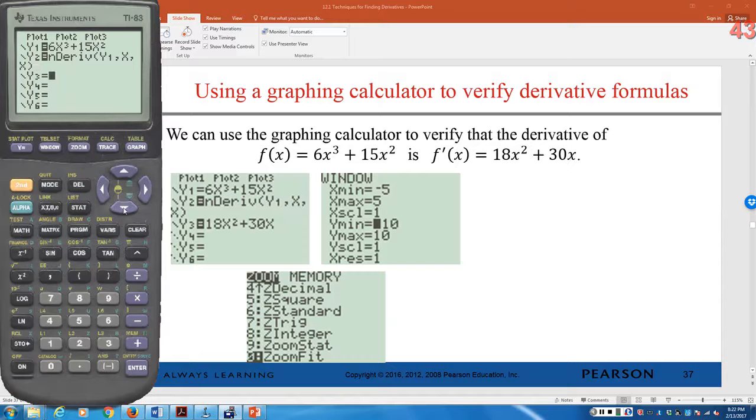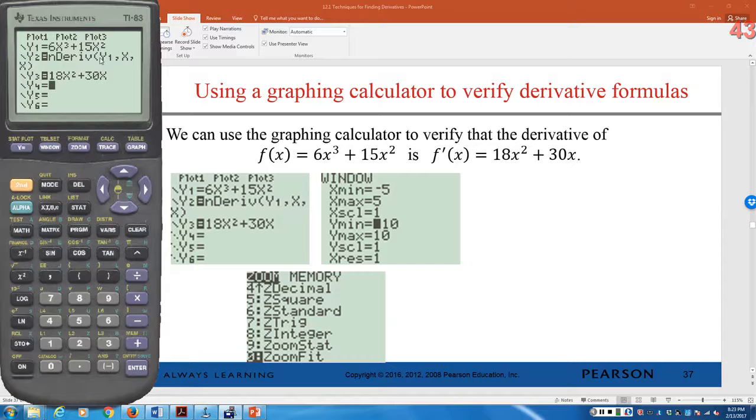And then, in order to check your work, what you want to do is you want to enter in what you thought the answer was. And since I'm not really interested in looking at the graph of the original function, I really could care less, then I'm going to put my cursor on it and turn it off, which you notice here this one's turned off.